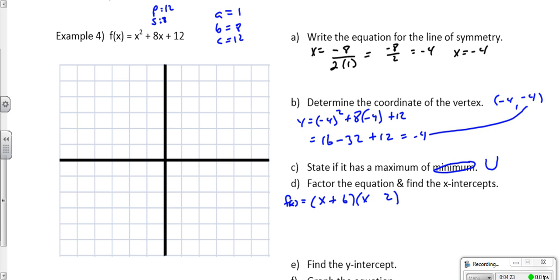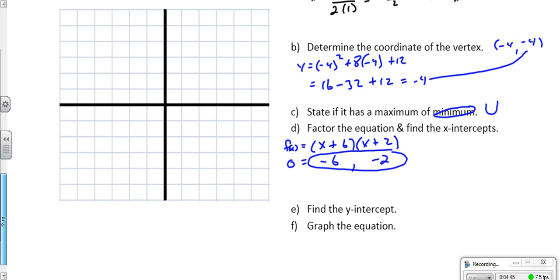So plus and plus. Now, intercepts are when this is equal to 0. So what can I plug in here to make this a 0? -6. What do I plug in here? -2. So these two are the intercepts. It is not a coordinate. They are the places the graph will cross the x-axis.